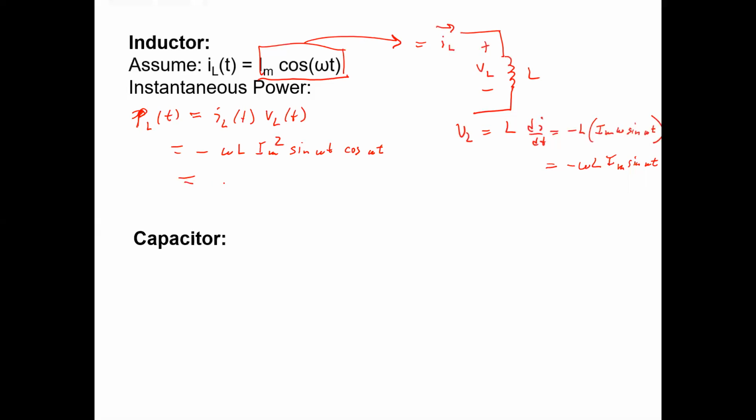And that is going to equal minus omega L Im squared times 1/2 sine of 2 omega t. That's that double angle formula, the trig identity: the product of cosine alpha sine alpha is 1/2 sine of double the angle.